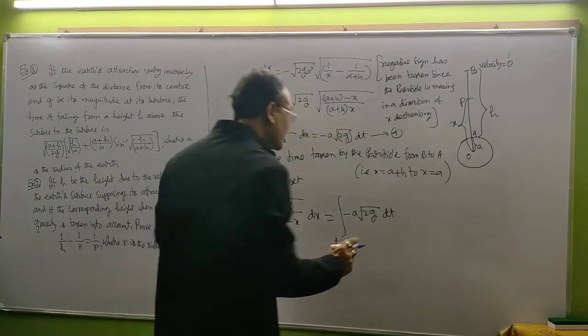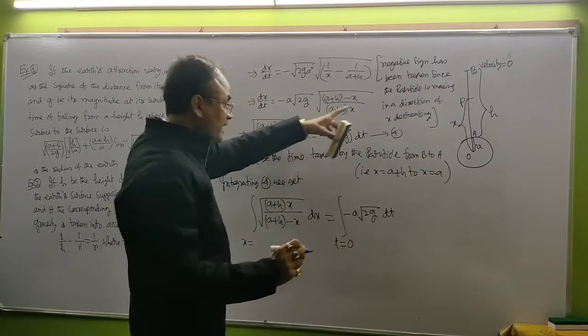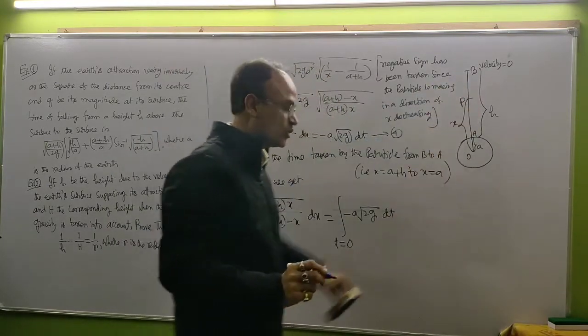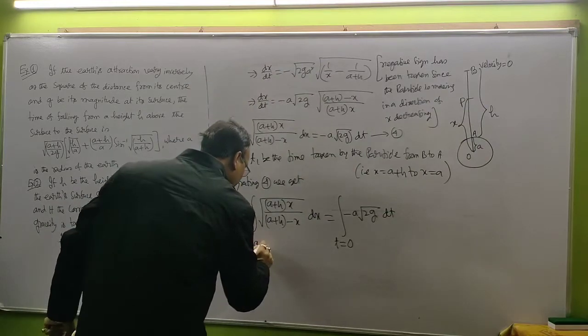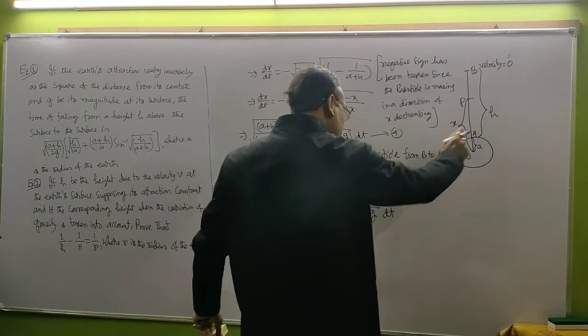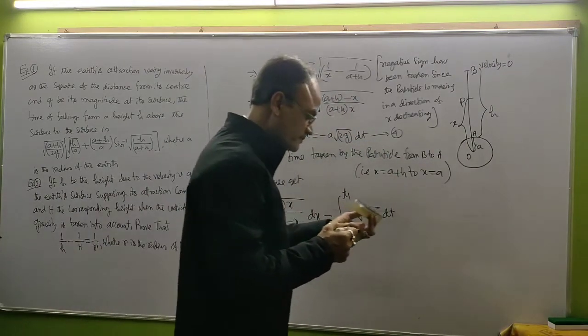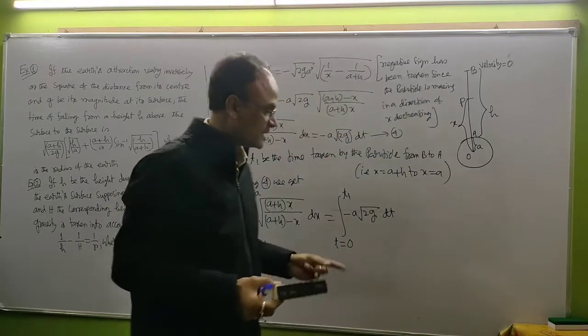From B, t equal to 0, at the time x was a plus h. When it reaches the point A, it is t1, and x will be equal to a. Right?